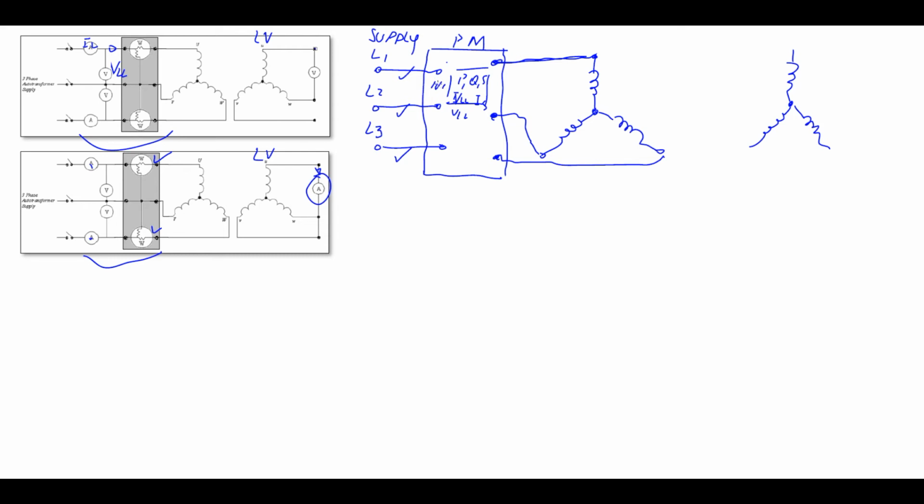So in 1, in 2, in 3, and so on. The output will be connected one by one directly to our primary transformer. The secondary will be kept open, like this.